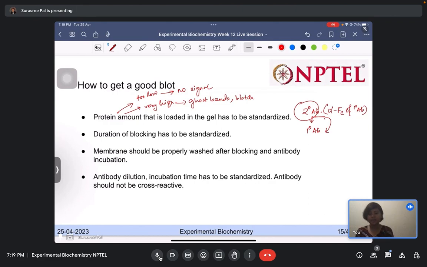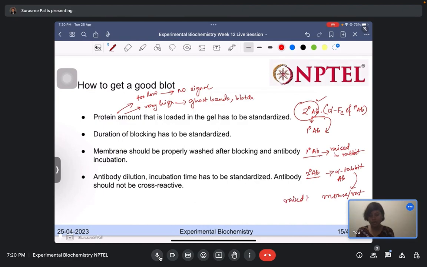And the secondary antibody has to be carefully chosen. If the primary antibody is raised in rabbit, then the secondary antibody will be an anti-rabbit antibody conjugated to an enzyme. And if it is an anti-rabbit antibody, it cannot be raised in rabbit, right? So it has to be raised in some other organism, like mouse or rat.